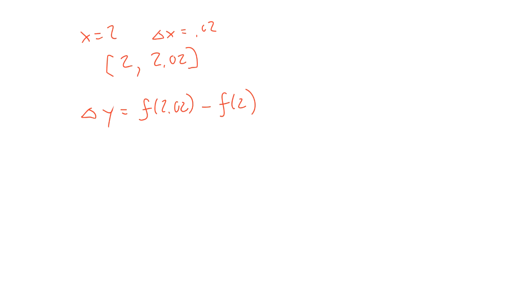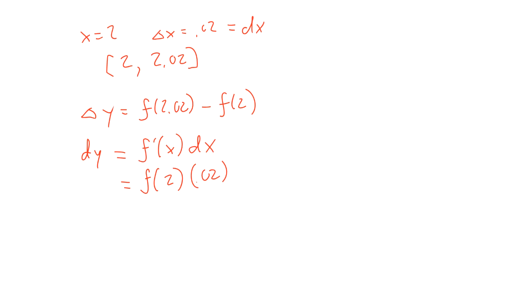On the other hand, dy is the differential, f prime of x dx, and that'll be f prime of 2 multiplied by 0.02. So the delta x and the dx represent the same quantity, but delta y and dy do not.